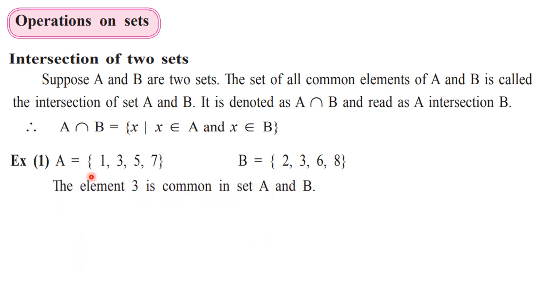So 3 is common in sets A and B, and therefore we can write A intersection B as the set with only one element, that is 3.